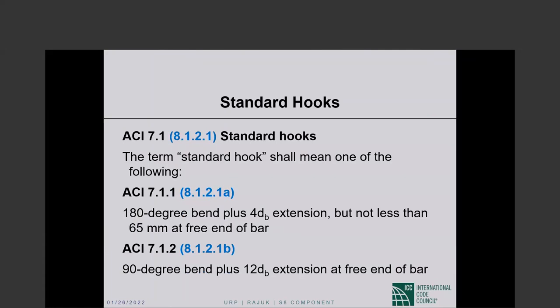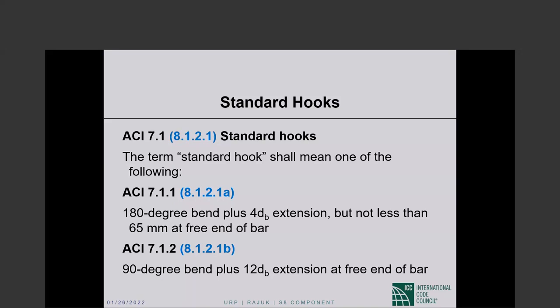Just upon reading. Okay, so the first thing is, what is a standard hook? The term standard hook shall mean one of the following: a 180-degree bend plus 4-bar diameter extension, but not less than 65 millimeters at free end of bar. So 180-degree bend, 4-bar diameter extension, but the 4-bar diameter shall not be any less than 65 millimeters.